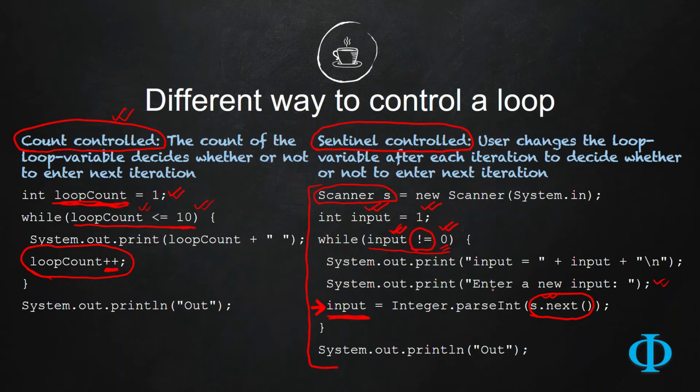So that means user will enter a new number over here. Let's say the user input is something other than 0. Let's say user input is 2 in here.